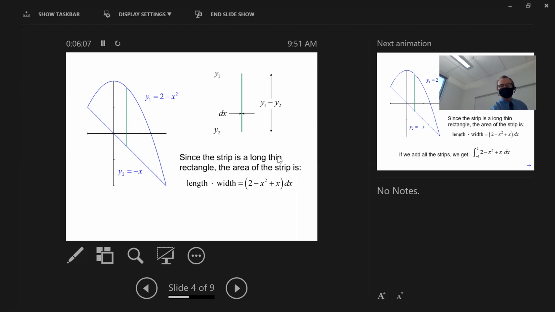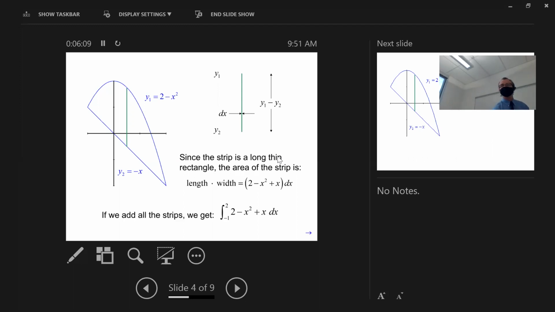So if you add them all up, that's what integration is doing. It's saying, add up, S for sum, all the rectangles, all the thin strips that are this tall and that wide, from left to right, starting at -1 and ending at +2, which is just doing the power rule in reverse, moving forward.